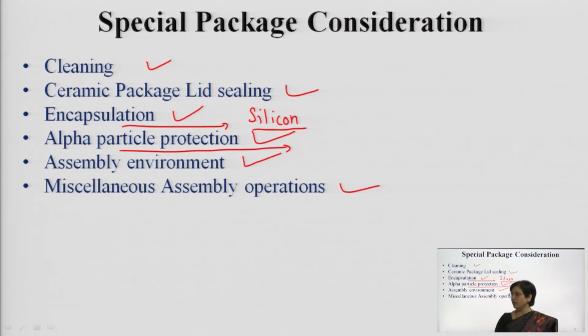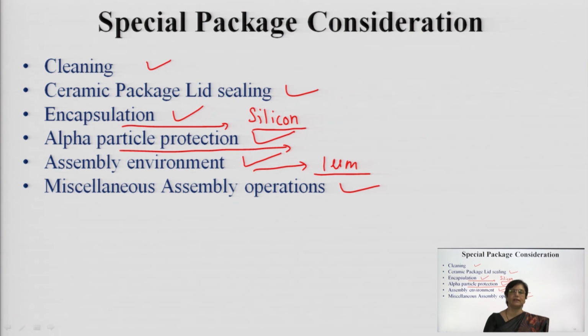Then comes the assembly. Any particle in the environment of approximately 1 micrometer can damage the assembly process, and therefore you need to eliminate it. You have already studied the clean room process, which is an essential requirement. Any particle that can compromise the reliability of the device operation must be prevented from coming in contact with the package during packaging.